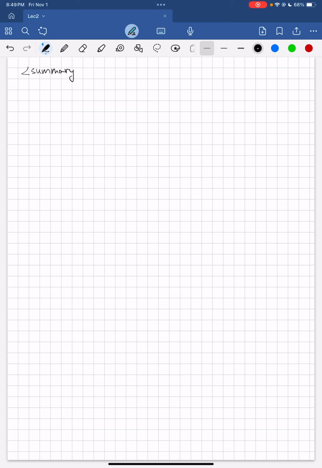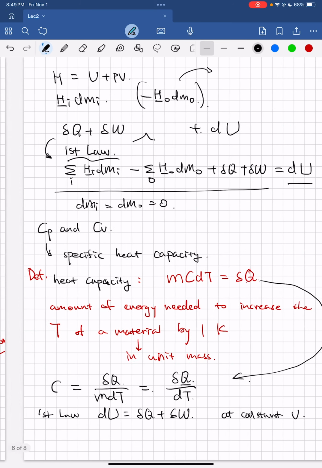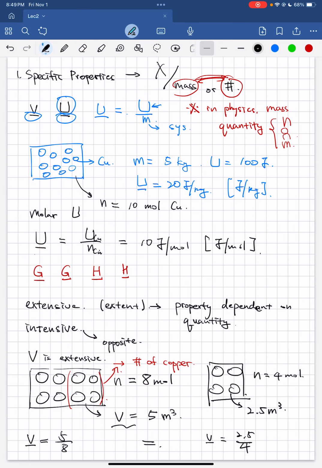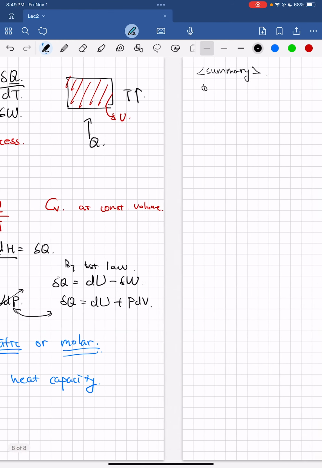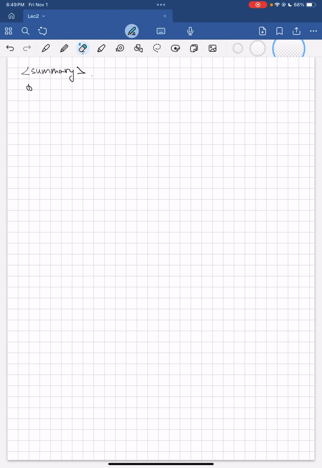Summary. First, we talked about, what was it? Specific property, right? Specific, which is basically just, remember this, intrinsic. We want to know the actual intrinsic property of this material.